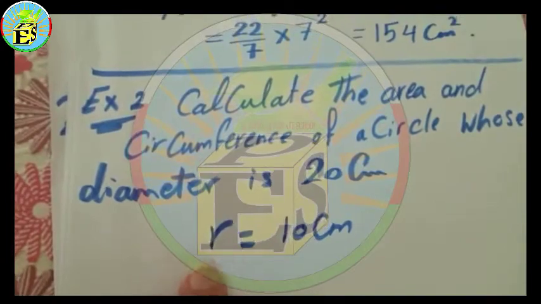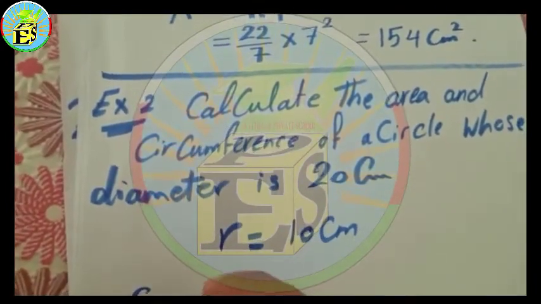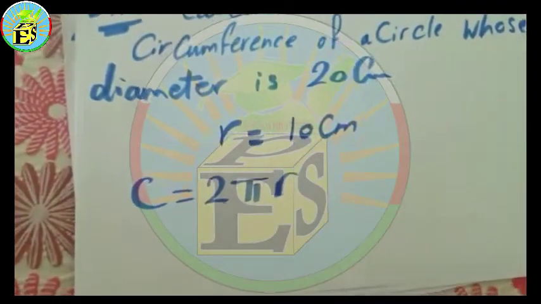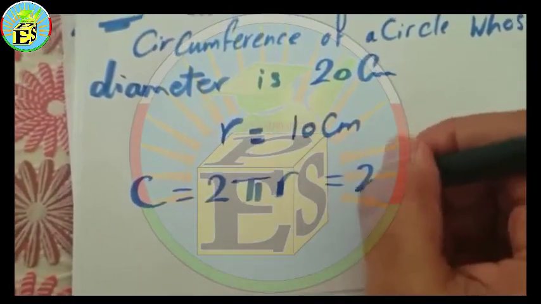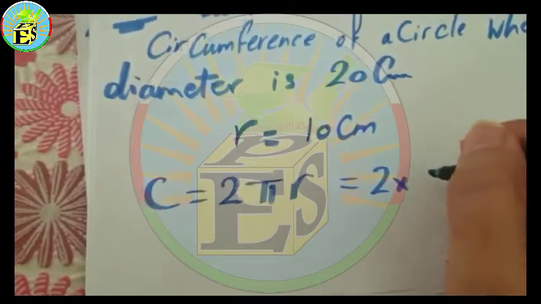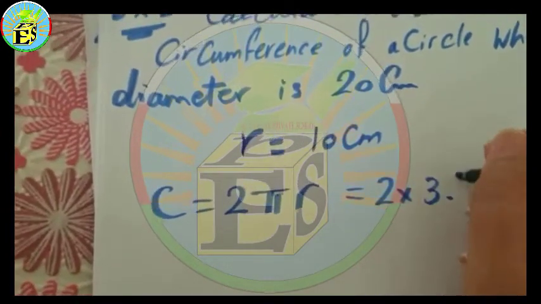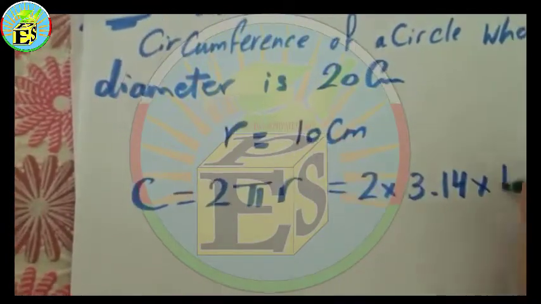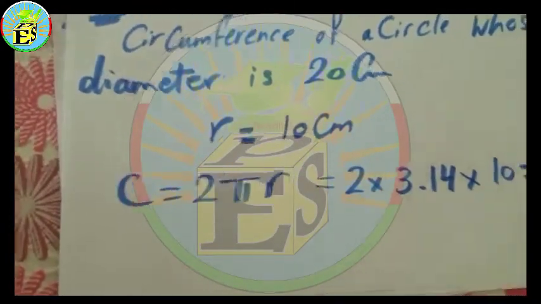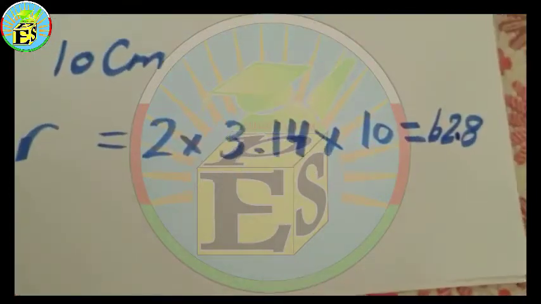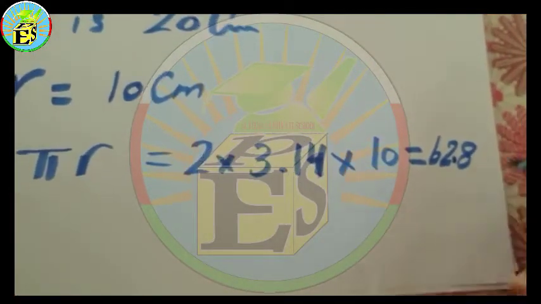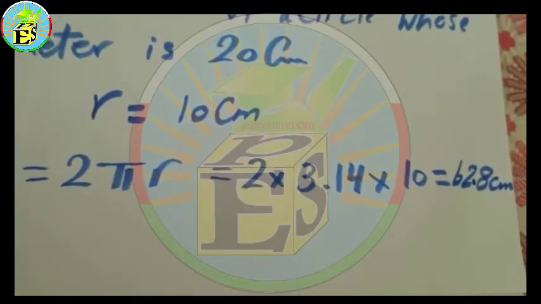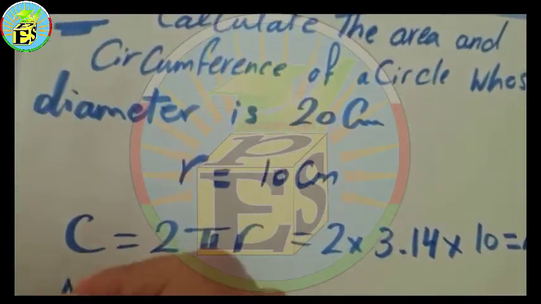Now I have the radius, I can get the circumference. Circumference equals 2πr. 2 multiplied by 3.14, multiplied by the radius, which is 10. Calculate it: 62.8 centimeters. Now we have to get the area.